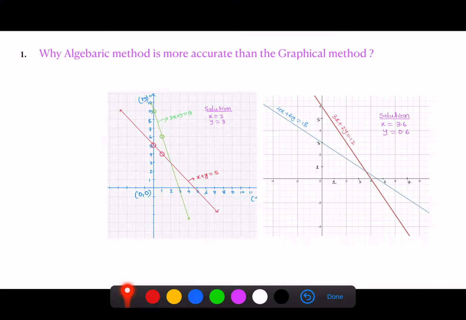But when the intersection point is a fraction value, it's very difficult to find out the exact value. So see and discuss these two graphs here.